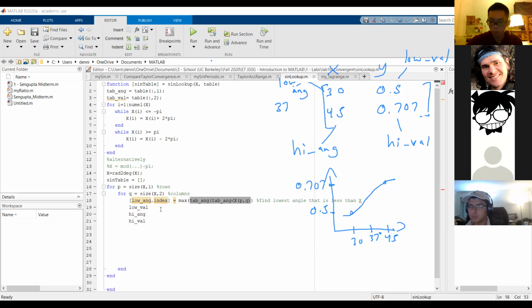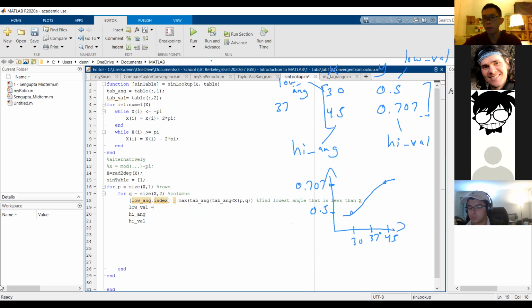So, low value. Which of these are we going to use? We're not going to use angle. We're going to use the values, right? So table values, and we're going to want index.